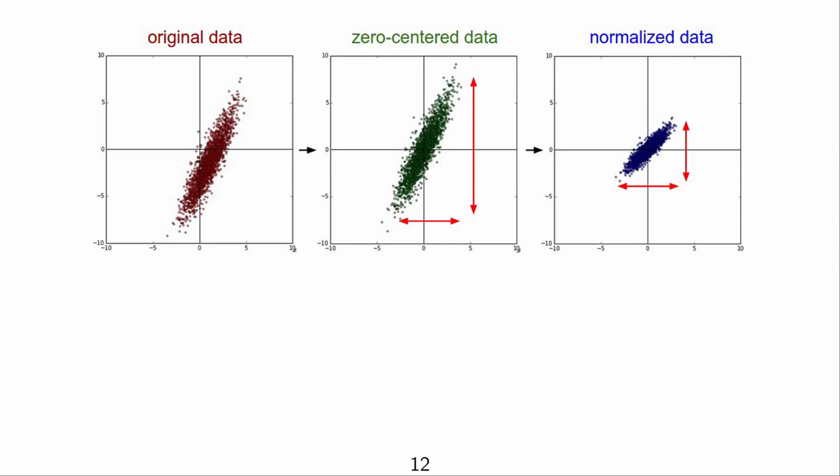Here's some inspirational visualization of what's going to happen to the data. We see the original data in red, and we would estimate that the center of the data is somewhere around here. So after subtracting out the mean, we obtain this data that is zero-centered. In this visualization, we have many samples, each sample represented by a point, but there are only 2 dimensions.